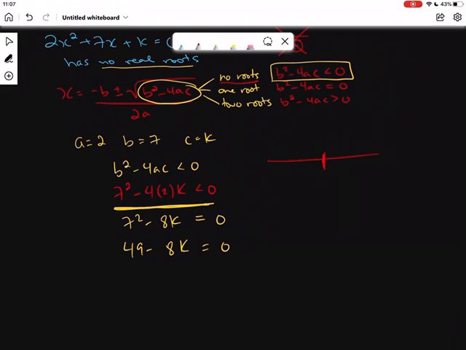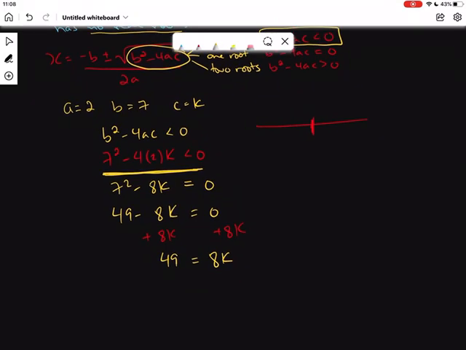And I want to make sure that my coefficient on k is positive, just so it's easier to work with. So I'm just going to move this over so I can solve for k, so I can figure out what k can or can't be. So then I'm going to get 49 equals 8k.